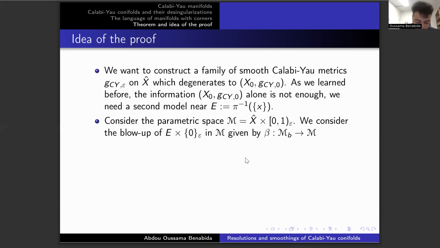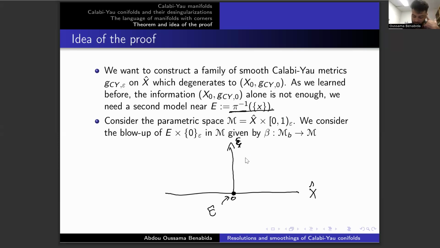So for that, first of all, we consider the parametric space x hat times [0,1], just for the parameter epsilon. And here, this is E, the subvariety which is the inverse image of the singular point.